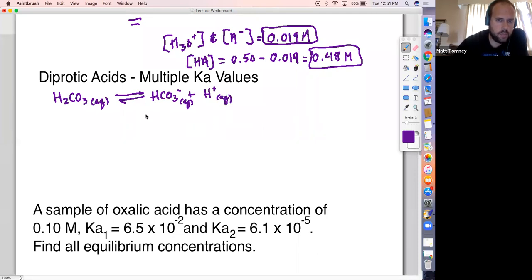Now you have to keep in mind that this right here, this conjugate, is still an acid. It has another hydrogen proton that can be removed. So I then have to say, all right, I can now make this the new acid. And in making this the new acid, I have a second equilibrium in solution, which is going to be the carbonate ion as a product.